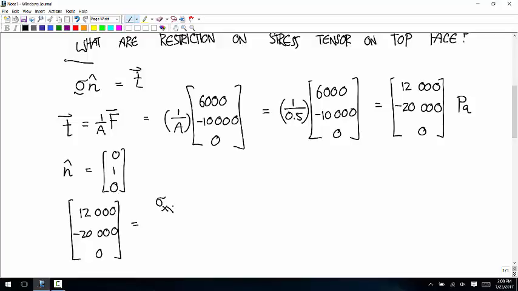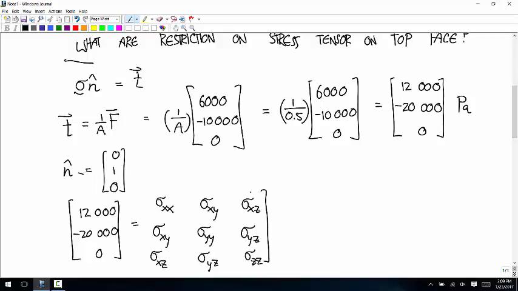So I'm just going to label all these elements: XX, XY, XZ, XY, YY, YZ, XZ, YZ, ZZ. And then I'm going to multiply that by the outward-facing normal vector.